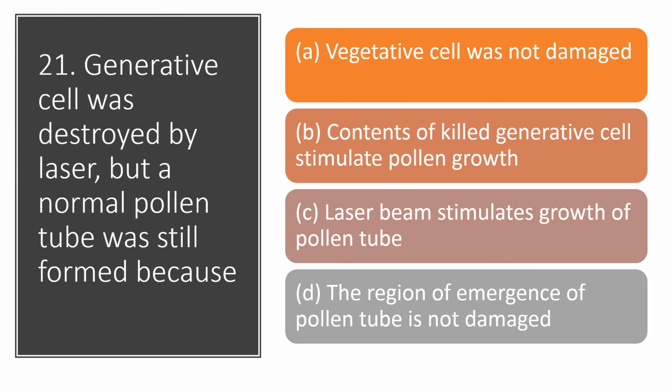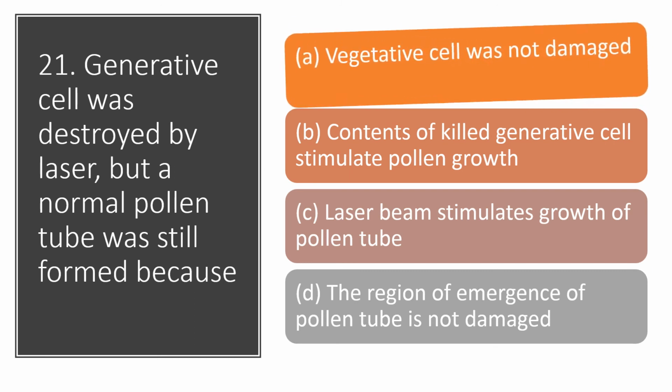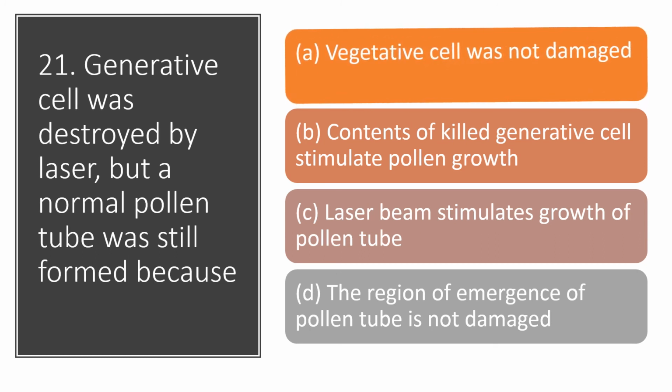So option A is correct because the vegetative cell was not damaged, only the generative cell. The right answer is A, because we know that the development of the pollen tube is because of the vegetative cell, not the generative cell.